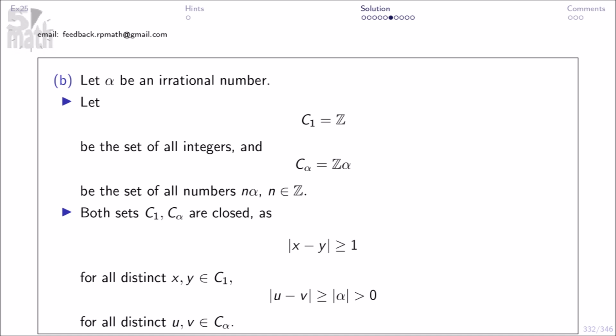B. Let alpha be an irrational number. Let C_1 equals Z be the set of all integers, and C_alpha equals Z alpha be the set of all numbers n alpha, n an element of Z. Both sets C_1, C_alpha are closed, as the absolute value of x minus y is greater than or equal to 1 for all distinct x, y in C_1, and the absolute value of u minus v is greater than or equal to the absolute value of alpha, which is greater than 0, for all distinct u, v in C_alpha.